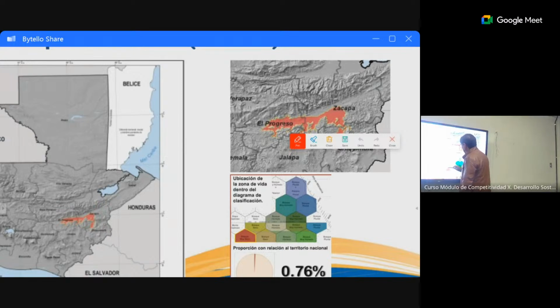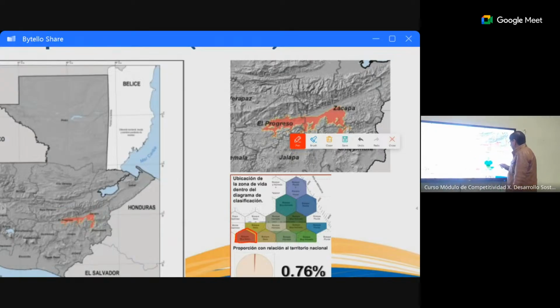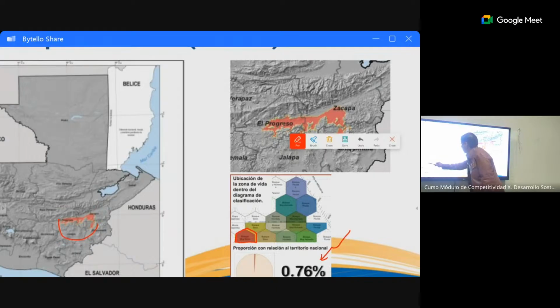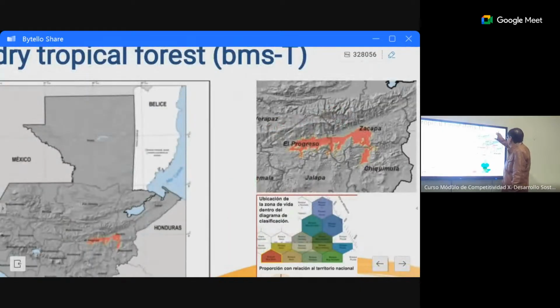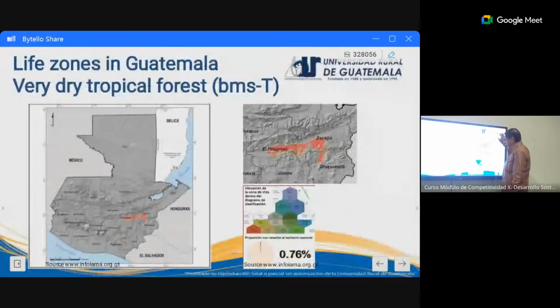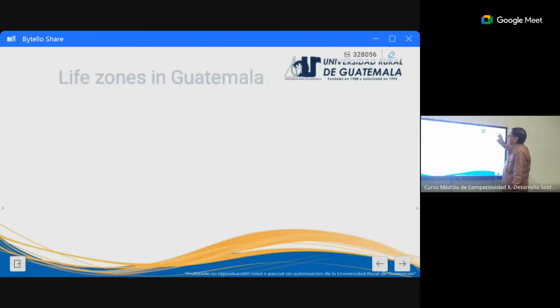And this is the shape that we have within the Holdridge model. It represents only the 0.76% of the national territory. Okay, the one that we see here, this is a small area in our country, and this is the interpretation that we can see here. And now let's continue with the next slide information.